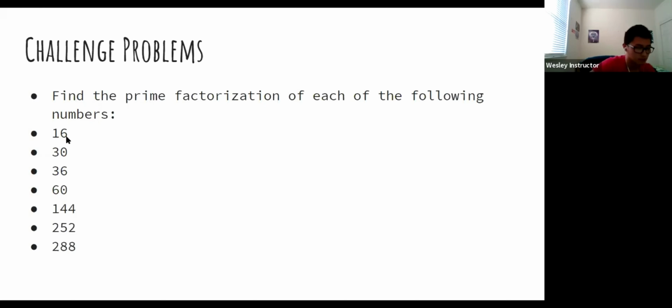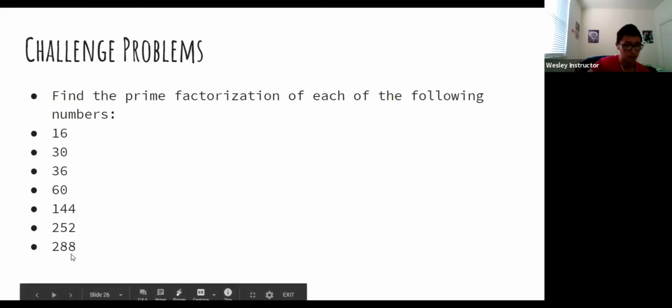All right, so 16, that's 2 to the 4th. 30, 2 times 3 times 5. 36, 2 squared times 3 squared. 60, 2 squared times 3 times 5. 144, 2 to the 4th times 3 to the 2nd. 252, 2 to the 2nd times 3 to the 2nd times 7. And the last one, 288, 2 to the 5th times 3 to the 2nd.